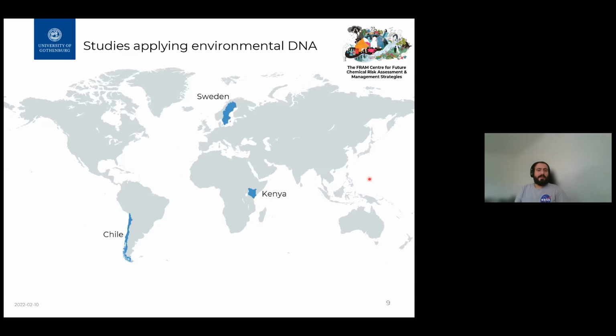But at FRAM, we are also conducting several studies, as Daniel mentioned earlier in the introduction, using environmental DNA to understand changes in biodiversity. These studies are conducted in 3 different countries on different continents, and each country differs in its social, economic, and, more importantly, environmental development.